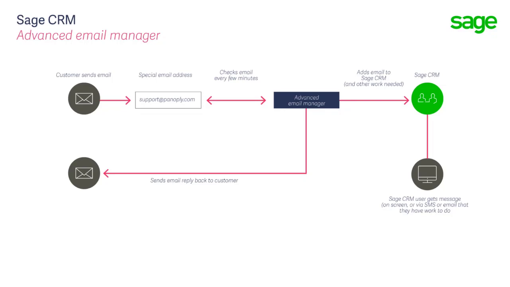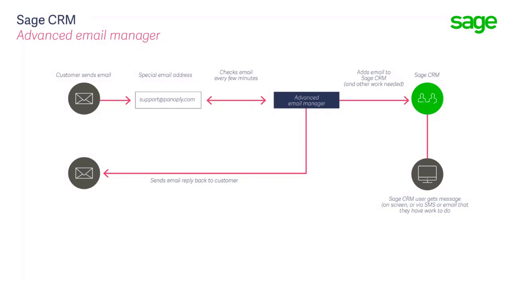And what will happen is it will look into an email account, say support at Panoply, for example. Imagine a customer has sent an email saying, I need support on a particular area. The Advanced Email Manager is looking at that email account and can read it.